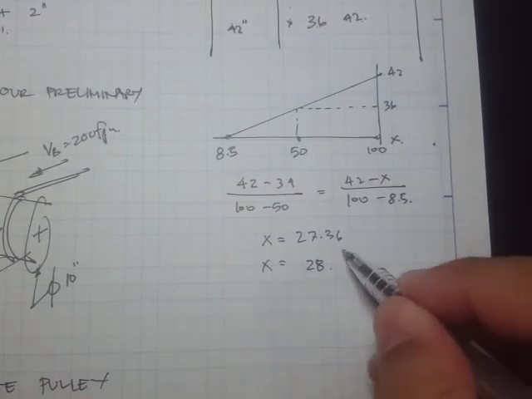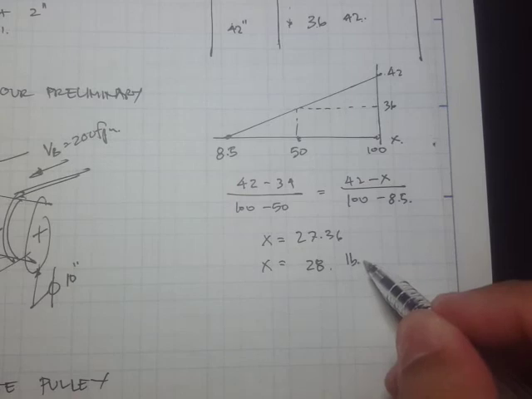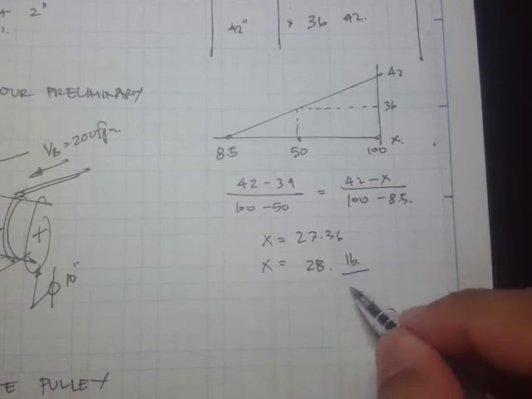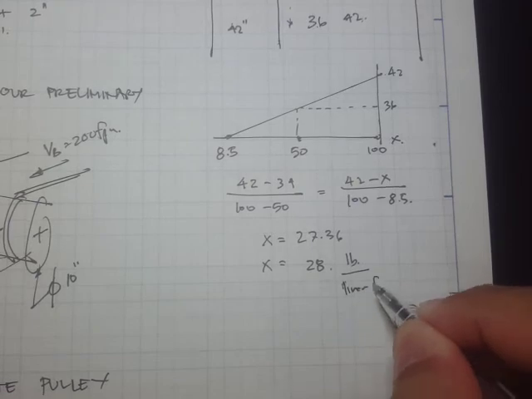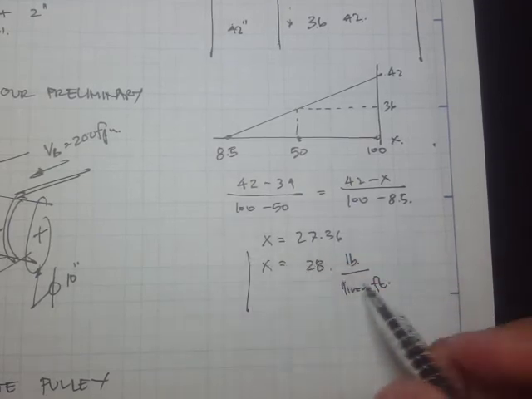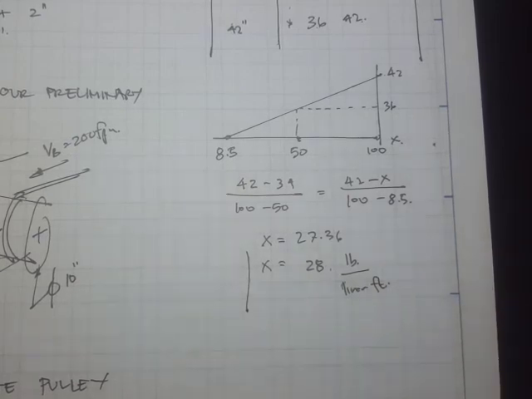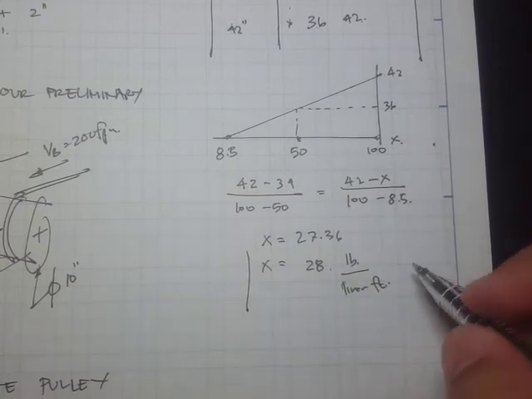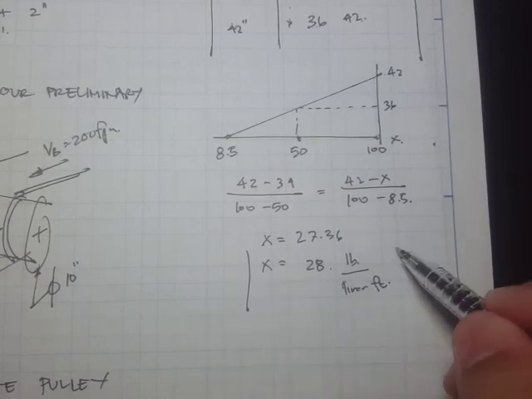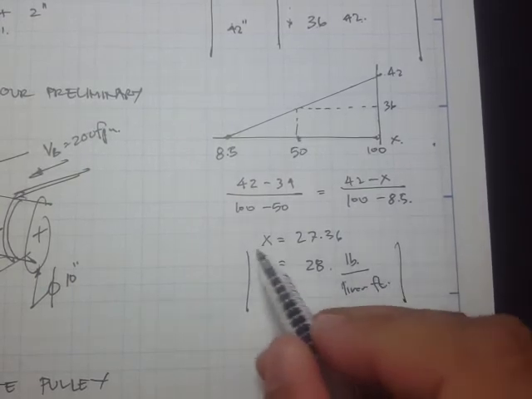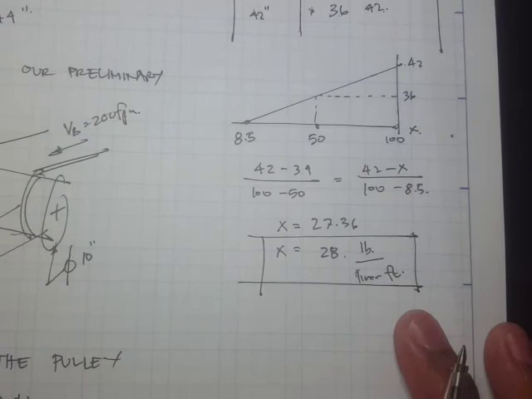It's just an estimate. That's gonna be pounds per linear foot of belt. I don't know if it's belt width or belt length, but it just says linear foot, so let's just leave it like that for now.